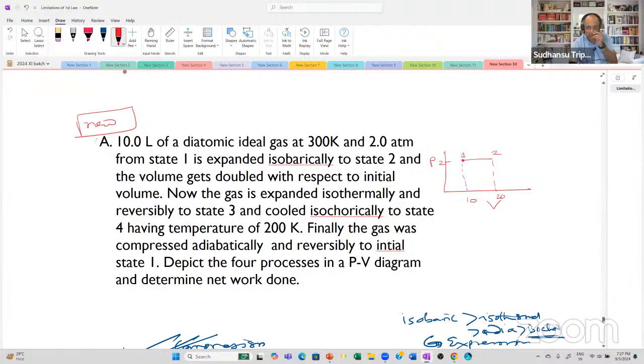And then it is expanded isothermally and reversibly to state 3, and then cooled isochorically to state 4. And the final temperature is 200 K. Finally, the gas was compressed adiabatically, and this we have done, I think.